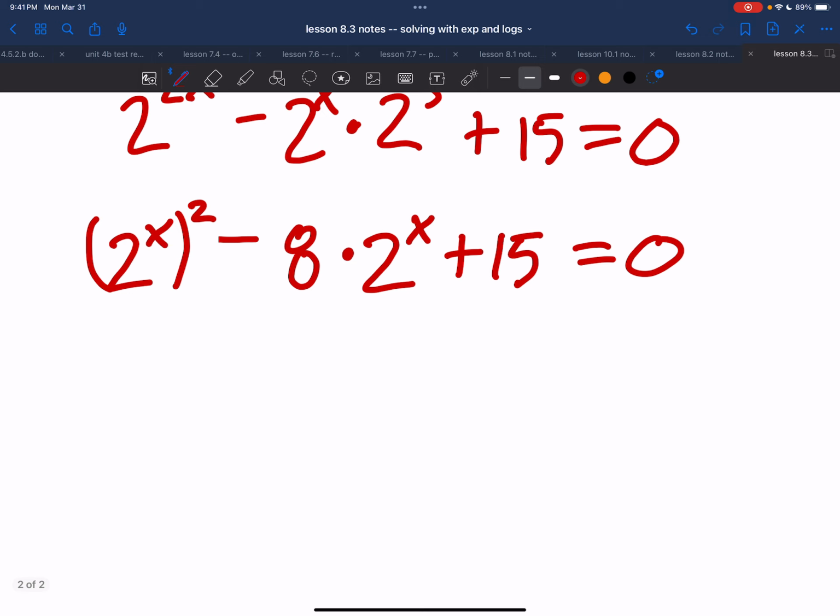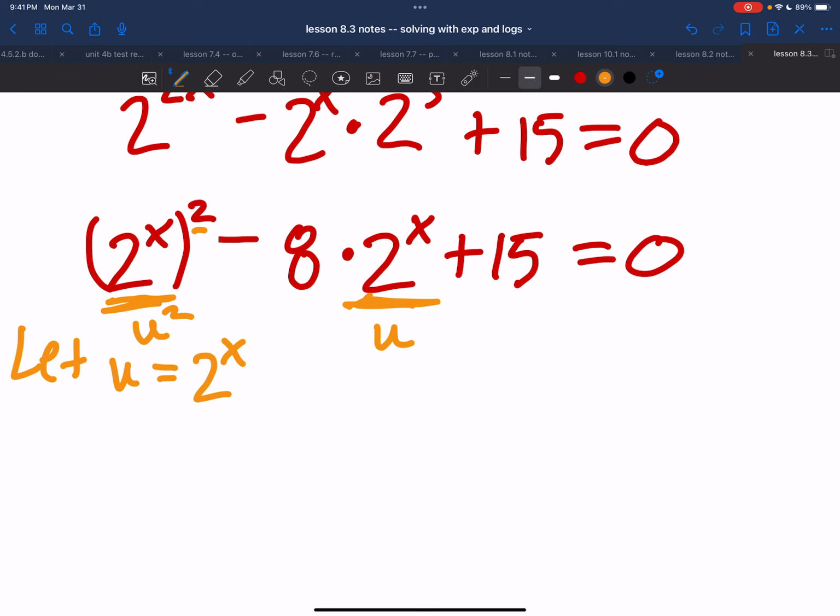Okay. And now I'm going to do something interesting. I'm going to say, let u be 2 to the x. What? Who was u? I said u is just a letter. I just said here's u. Then this 2 to the x squared is u squared. And this 2 to the x is also u.